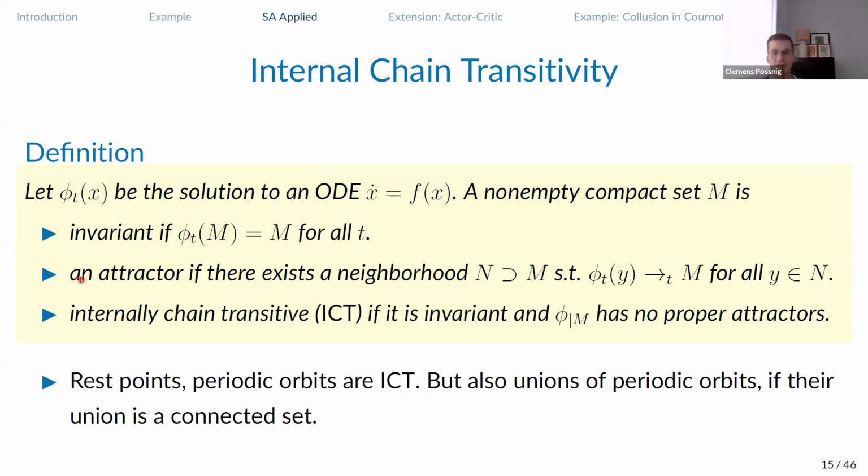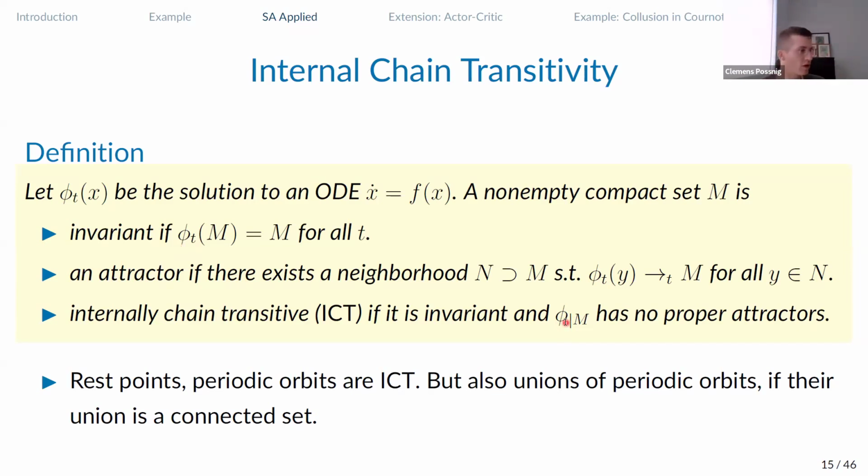This set is an attractor if it's not only invariant, but also there's a neighborhood around the set such that if you start in the neighborhood, you will converge to that set. And finally, with these two definitions, a set is internally chain transitive if it is both invariant and, if you look at the flow restricted to this set, this flow has no proper attractors, so it's not going to shrink into some subset of the invariant set.